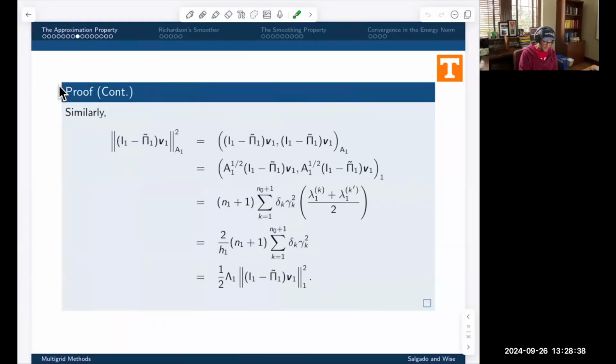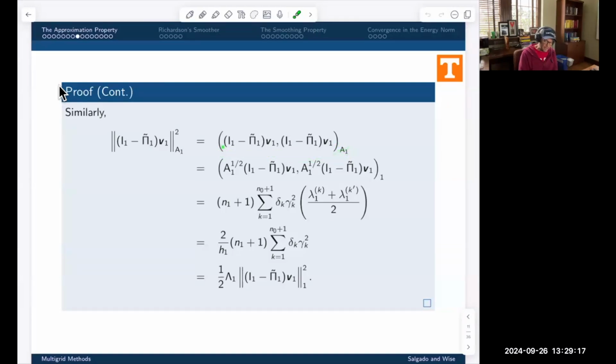So this calculation involves something a bit different. This calculation involves the energy norm, so it involves the A1 matrix, the stiffness matrix. But I can rewrite this exactly in the same fashion as I had up above. I can rewrite this as a Euclidean inner product where I have A1 to the 1/2 power. Remember, I'm writing this as its energy inner product, but I bring A1 in here and change this to a Euclidean inner product.